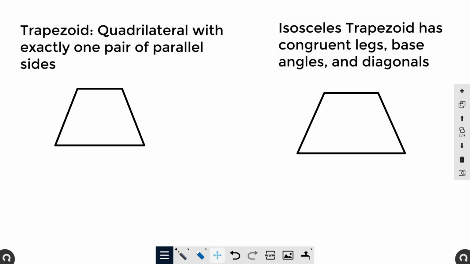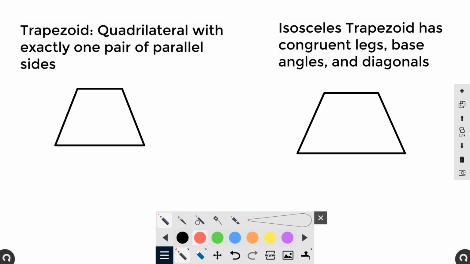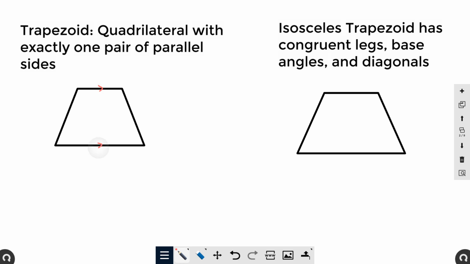Now, by definition, a quadrilateral with exactly one pair of parallel sides is our trapezoid. Typically those parallel sides are at the top and the bottom, but you could turn your trapezoid so they might be on the left and right. The parts that are parallel are called your bases.